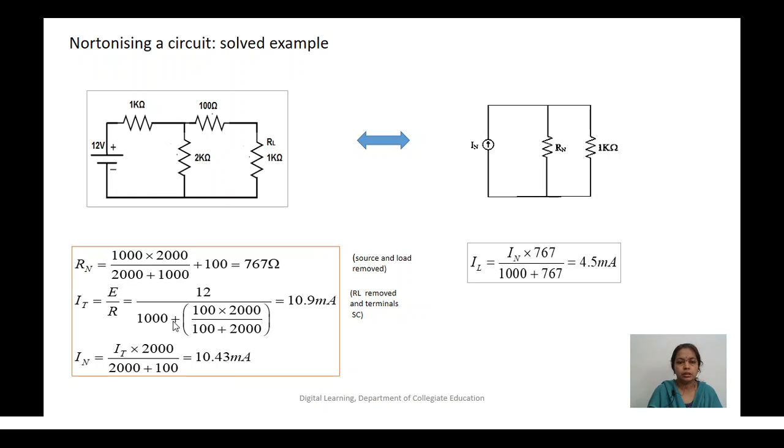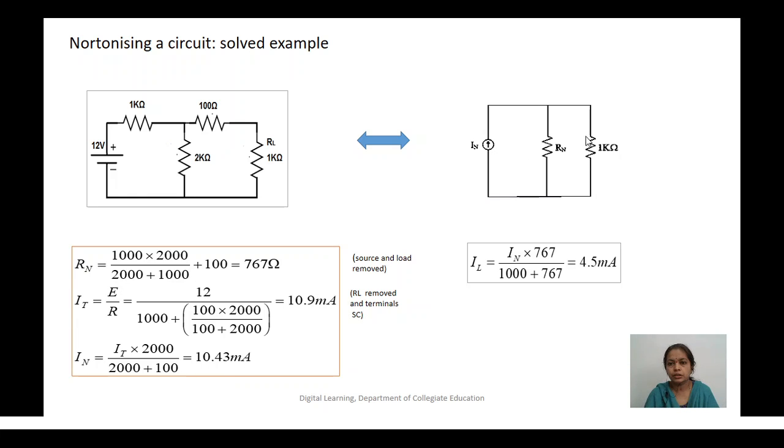So 1000 plus parallel combination of 100 and 2K. So total current. The Norton current is given by total current into resistance of the other branch 2K divided by sum of the resistance 2K and 100. So sum of the resistance is 2K plus 100, which is equal to 10.43.